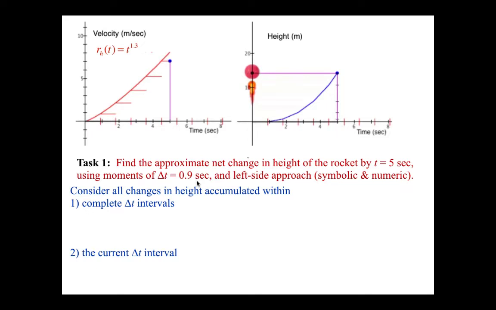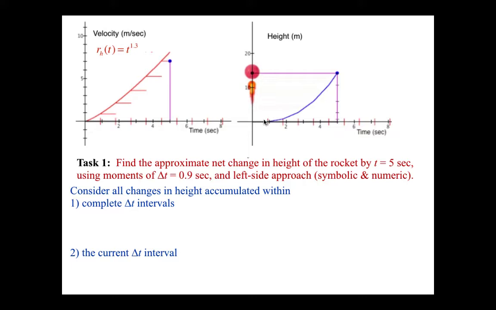Well, in fact, if you look at this height function here, even from my distance, I'm the closest one to it in the room, it looks pretty much like a smooth curve. If delta t were a little bit smaller, I know that over this first 0.9 seconds, the rate isn't actually 0. It increases a little bit.